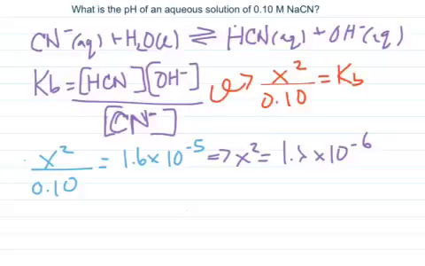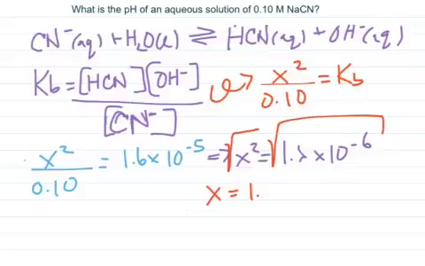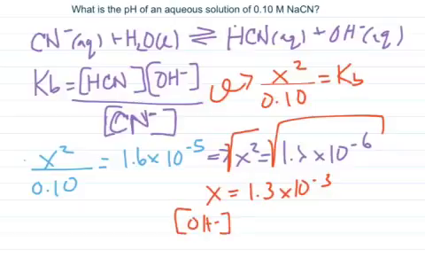Then I'm going to take the square root to give me x is equal to 1.3 times 10 to the minus 3. Now I know my x represents either the HCN or the OH-. So I'm going to find it for the OH-, which is our hydroxide. Why? From hydroxide, I can go to the pOH. From the pOH, I can find the pH. So let's keep going.